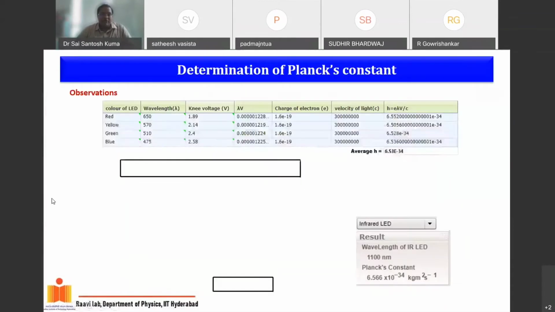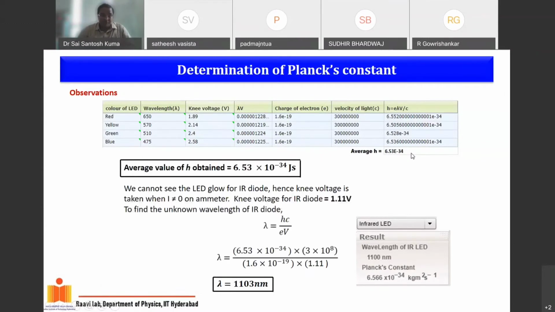Okay, so this is what I did. I have completed my observations and I found that h changes: 6.55, 6.8. For green, it comes to 6.52. For yellow, it comes to 6.50, blue, and so on, and I get the average h to be 6.53 times 10 power minus 34.